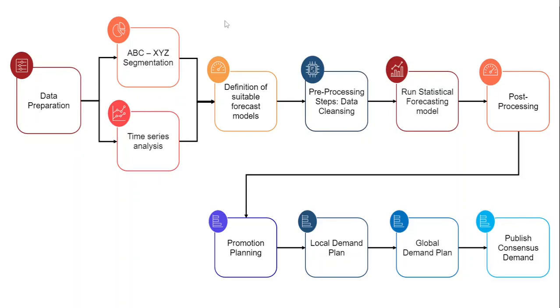ABC is for segmenting based on importance, and XYZ is based on demand volatility. For importance you usually use revenue, and for demand volatility you use sales history.